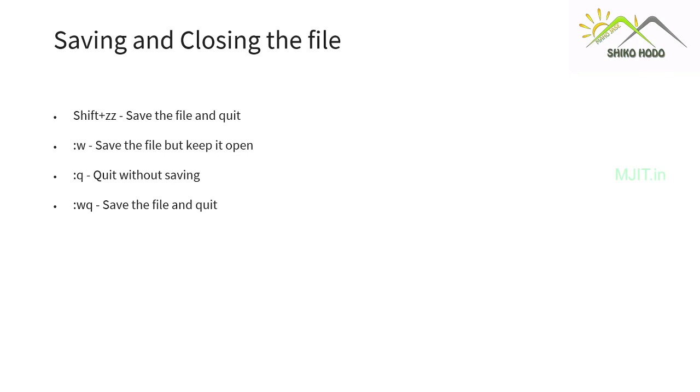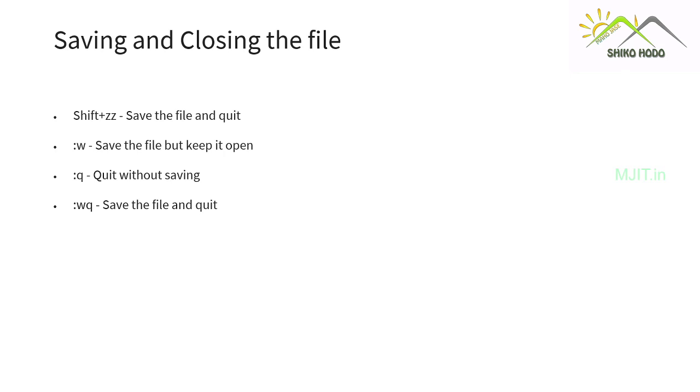Okay, how to save and exit, closing the file, you can use these 4 ways. Shift plus ZZ will help you save and quit the file. Colon W will save the file but the file is still kept open. Colon Q, as we said earlier, quits the file without any changes. WQ, save and exit.